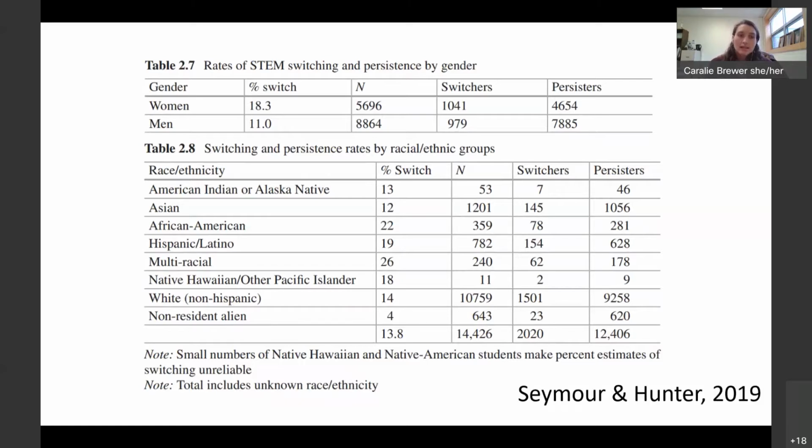But I like these tables because they show that students who identify as minorities, so women compared to men and these different races compared to white, are switching out of these STEM fields at a higher rate compared to the majority. So something's going on here in biology and life sciences, where we're getting more students switching out than some of the other fields, and something's going on with these students who identify as minorities, where we're seeing them switch out at higher rates than the majorities. Next slide.